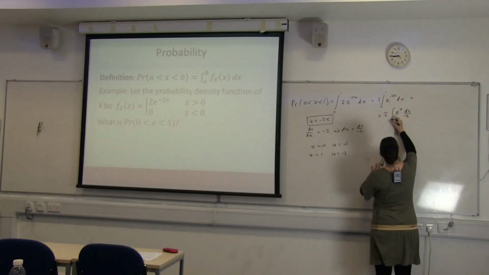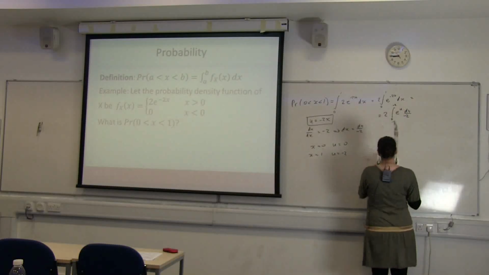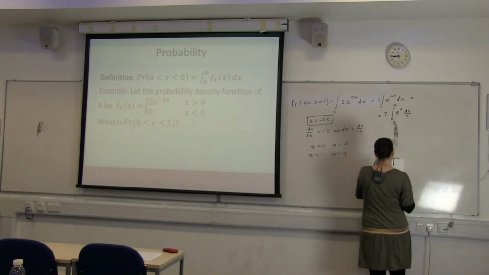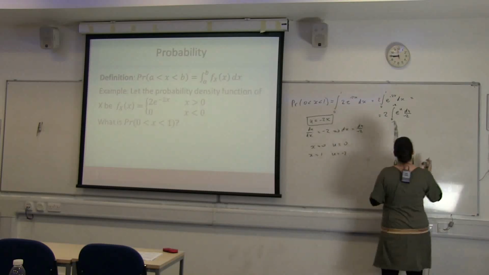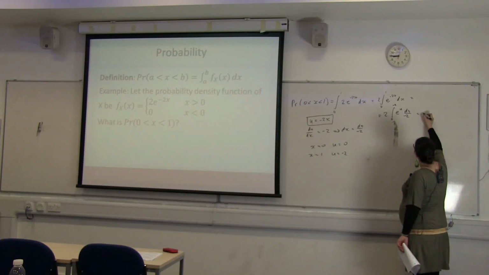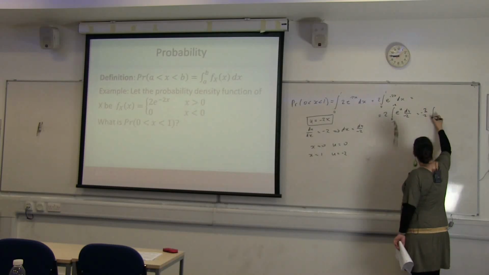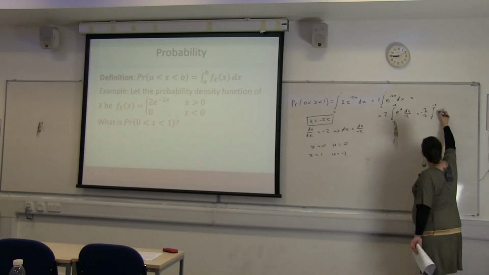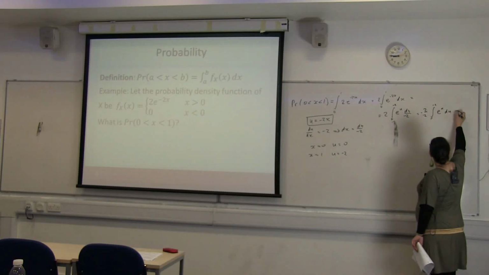So 0 to minus 2. So I bring out the minus 2, 2 over minus 2, integral from 0 to minus 2 of e to the u du.